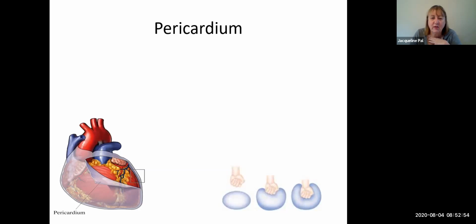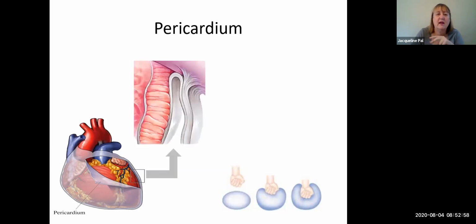So let's take a look at this last picture on the bottom right, and here's what it would look like around the heart. So this is the wall of the heart right here. This represents the heart muscle, and this represents the chamber in the heart. And so on the outer surface of the wall of the heart, you would have this inner layer of the pericardium known as the visceral pericardium.